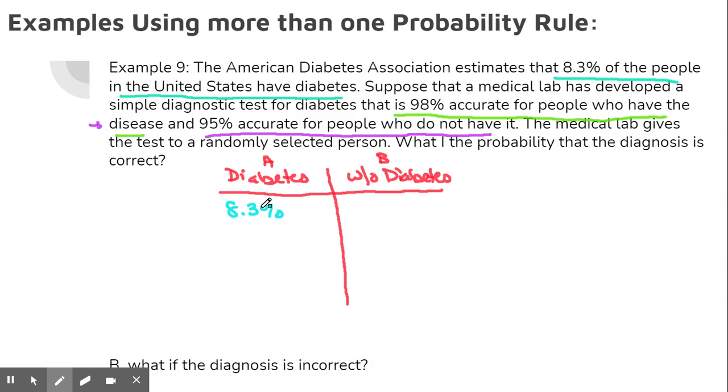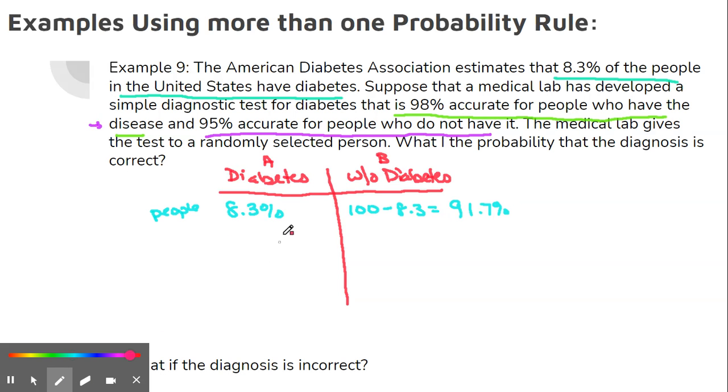So if 8.3% of people have diabetes, to find those who don't, you're going to subtract from 100. It's the complement we're looking at. So that leaves us with 91.7%. So 8.3 have it, 91.7 do not have it.